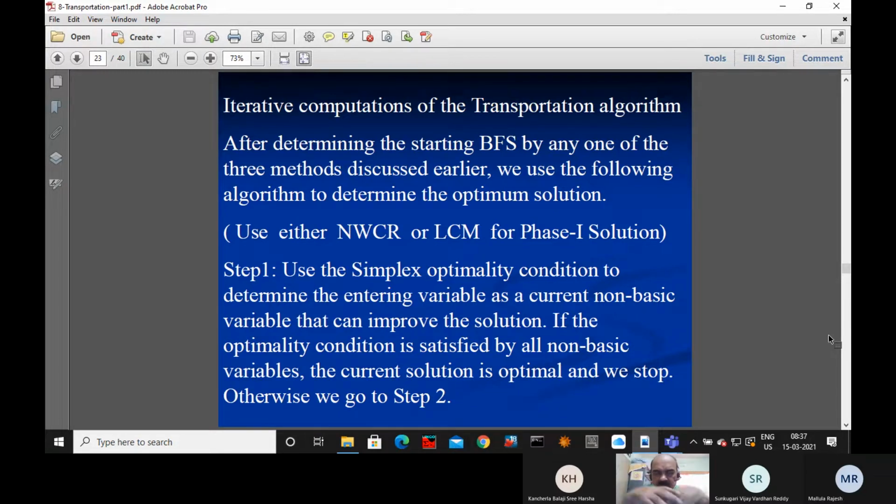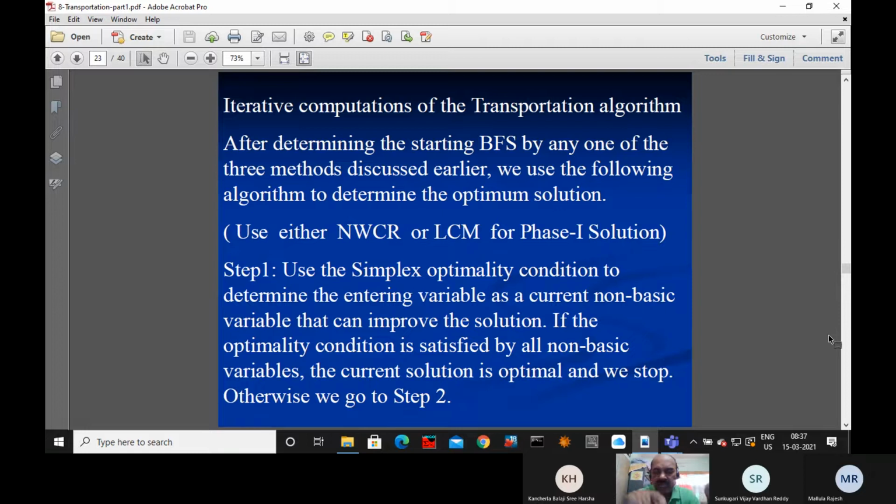In the simplex table, the optimality condition is that when all Zj minus Cj are greater than or equal to 0, that is optimal for the maximization type problem. For the minimization type problem, if all the Zj minus Cj are less than or equal to 0, then it is optimal.